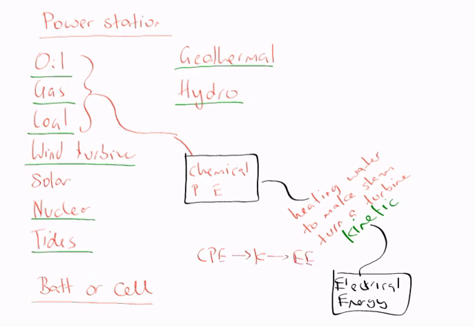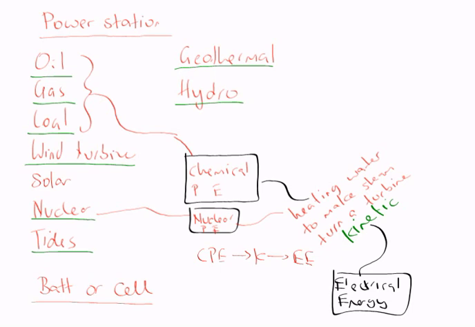Are there any others that will do the same thing? Let's have a look. Nuclear actually does a similar thing. Instead of starting off as a chemical, it starts off with nuclear potential energy, and then heads off in the same path.